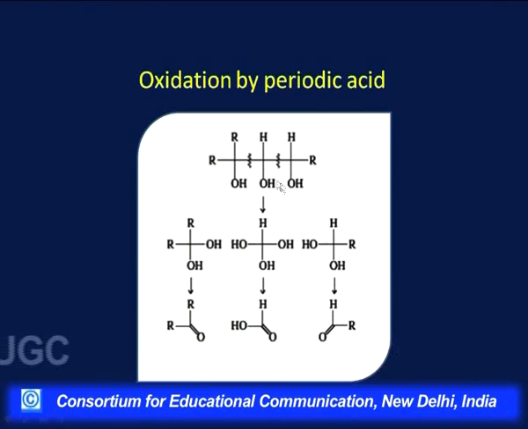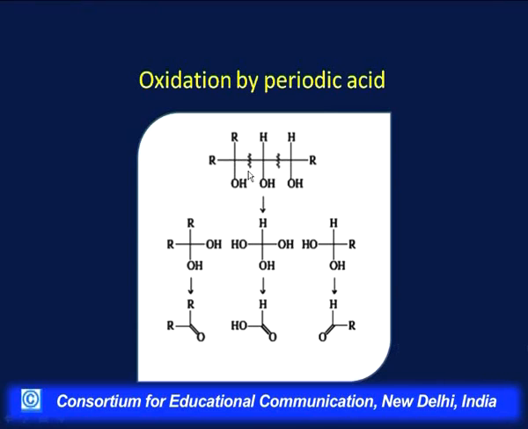Suppose we have this type of compound where 3 carbons are there, each of them having 1 hydroxyl. Now, periodic acid will be able to cleave this bond as well as this bond, and as I told you, each sigma bond between 2 carbons, when it breaks, each of the carbons gets 1 hydroxyl group. So, what will happen? This carbon gets 1 more hydroxyl and then loses a water molecule, ultimately we will get aldehyde.